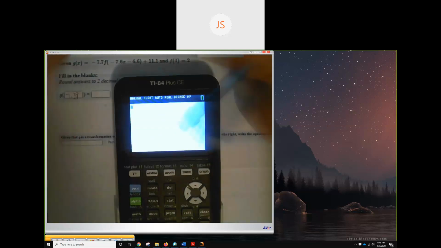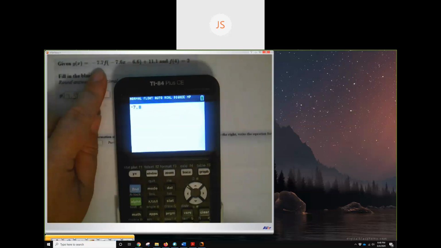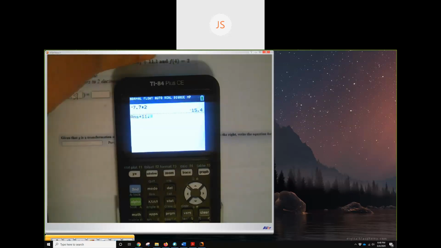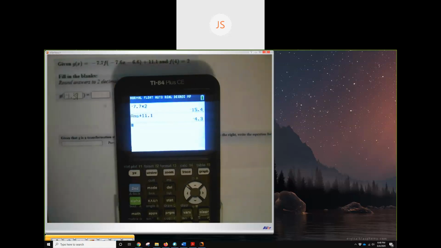Now, the things on the outside, those affect the y value, and they affect the y value exactly as you would expect. So this negative 7.7 gets multiplied by the 2, and then you add the 11.1. And the order is also the same as you would expect when you're on the outside. So you multiply and then you add.